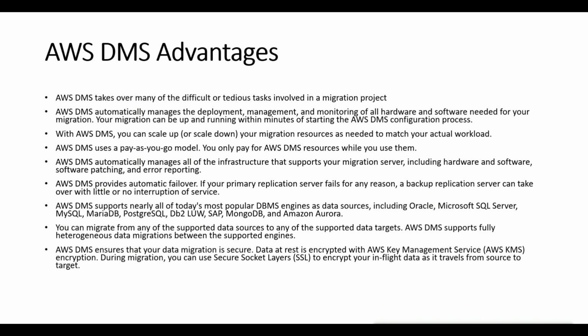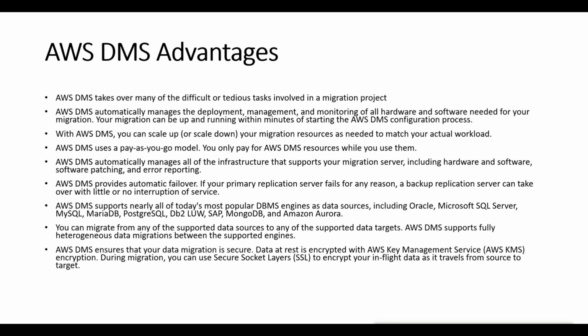It supports nearly all of the DBMS engines such as Oracle, Microsoft SQL Server, MySQL, MariaDB, PostgreSQL, DB2, Amazon Aurora, MongoDB, SAP, anything. You can migrate from any of the supported data sources to any of the supported data targets. AWS DMS supports fully heterogeneous data migrations between the supported engines.